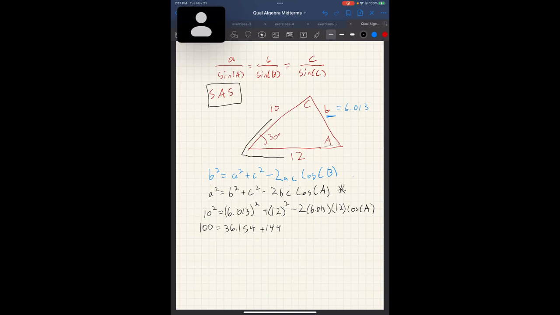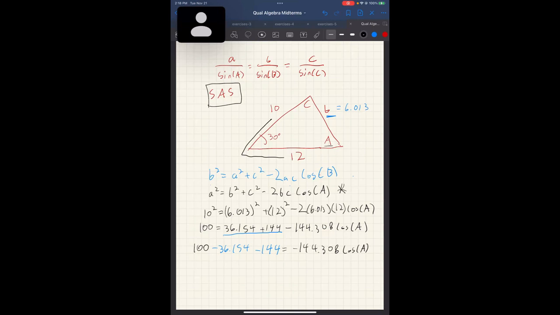And this is negative 2 times 6.013 times 12, which should give me negative 144.308 times cosine of A. So now I can subtract these parts from both sides so that I get 100 minus 36.154 minus 144 is equal to negative 144.308 times cosine of A.